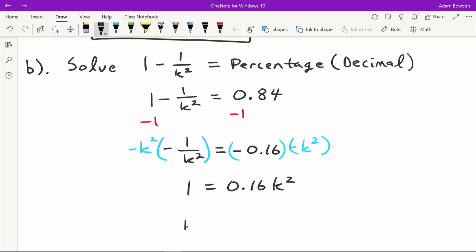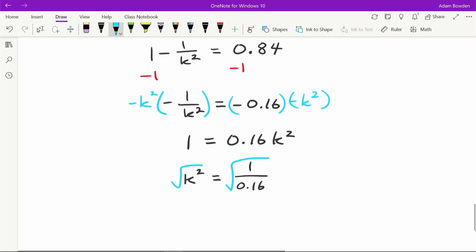I'll divide both sides by the decimal, so k squared is equal to 1 over 0.16. Then take the square root, and we're just going to use the positive square root in this case. So k is equal to the square root of 1 over 0.16, which comes out to be approximately 2.5 rounded.